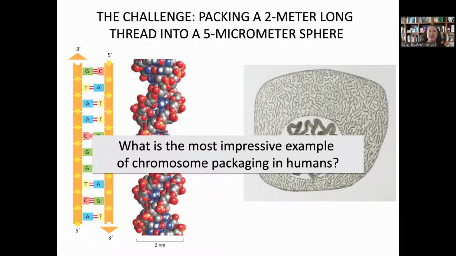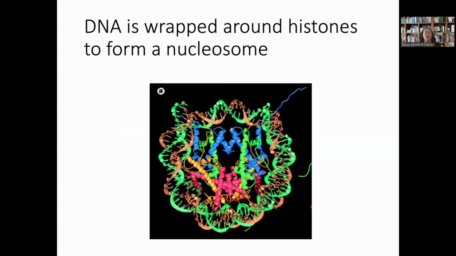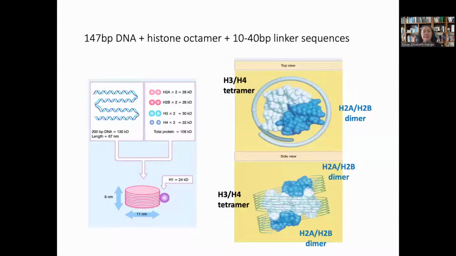How is that done? You learned that DNA is wrapped around histones to form a nucleosome. I'll just recap this a little bit. In essence, 147 base pairs of DNA are wrapped around 8 histones: the H2A, H2B dimers, 2 of them, and the H3 and H4 tetramer.